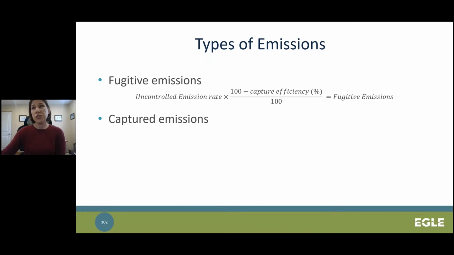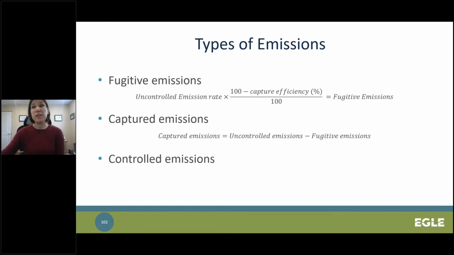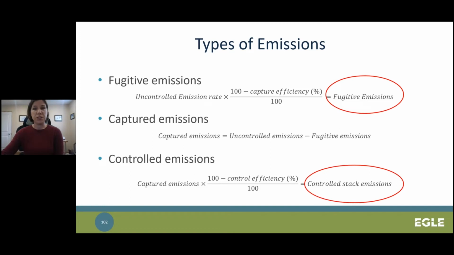The captured emissions, which are sent to the control device, are the uncontrolled emissions minus the fugitive emissions. Finally, the emissions from the control device are the captured emissions multiplied by the difference between the control efficiency of the control device and 100% divided by 100. Now, the total emissions are the sum of the fugitive and controlled emissions.